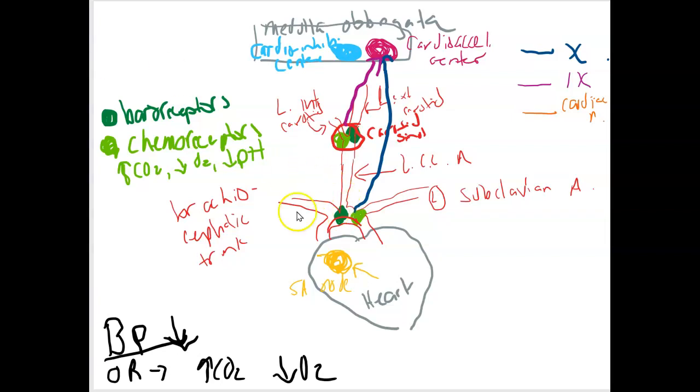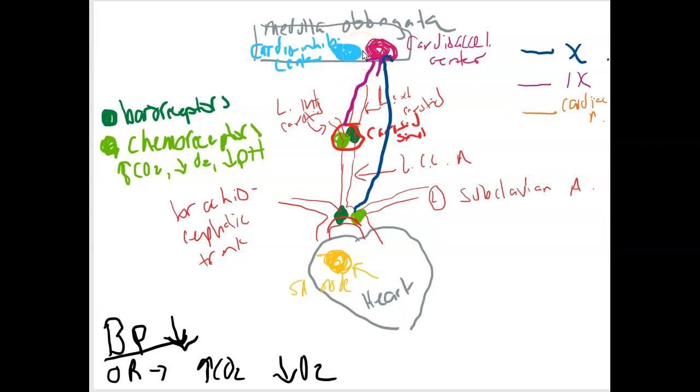So I have my receptors. They are activated by the stimulus, in this case, low blood pressure, high CO2, low O2, or even low pH. That is the stimulus that's going to activate the receptor. The receptor sends information up to the medulla oblongata.